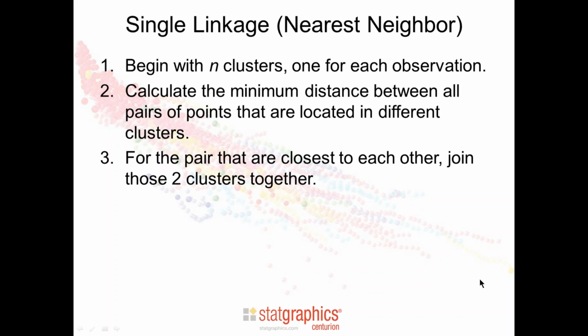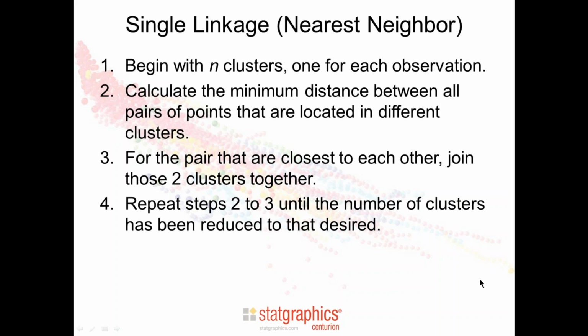You then repeat that process, steps 2 and 3, until you get the number of clusters down to whatever number you want. That's called the nearest neighbor method.